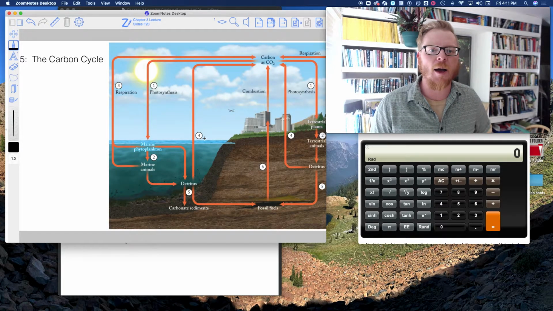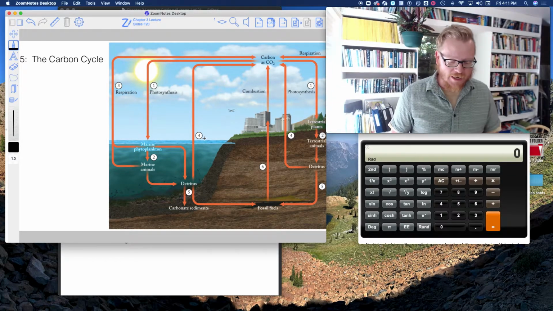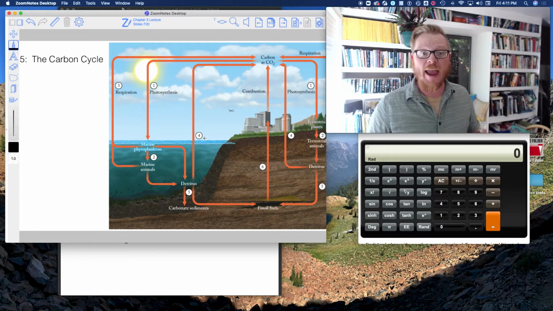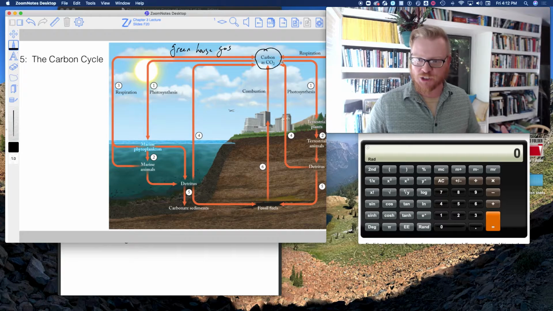So this is kind of an oversimplified view of the carbon cycle. And those of you that go on to do environmental science classes, you're going to learn a whole lot more about the carbon cycle. The main thing that I wanted to draw your attention to, when we think about all of this CO2 in the atmosphere, is that it's what we call a greenhouse gas, okay? And that CO2 traps heat, traps terrestrial radiation.